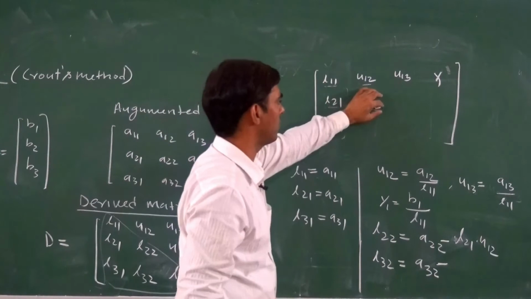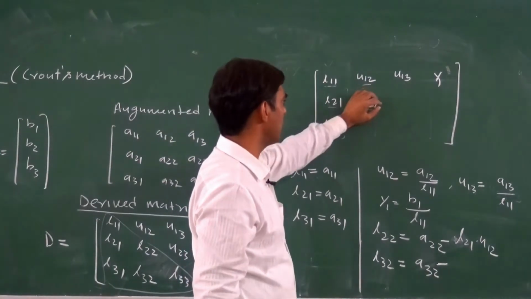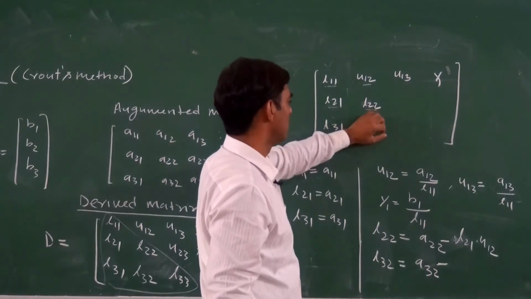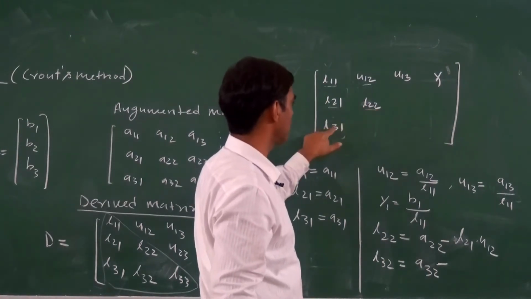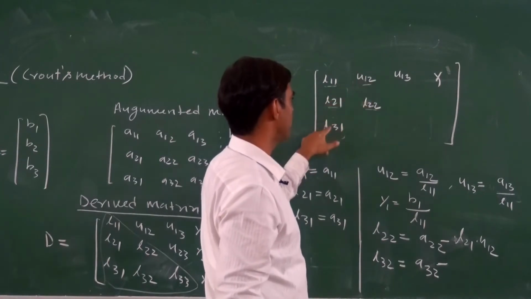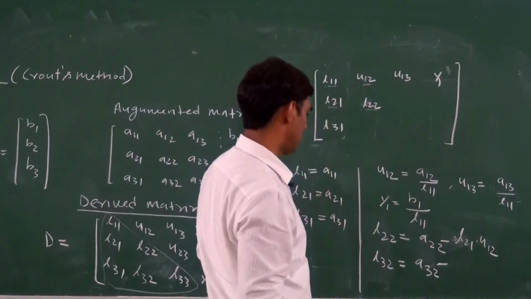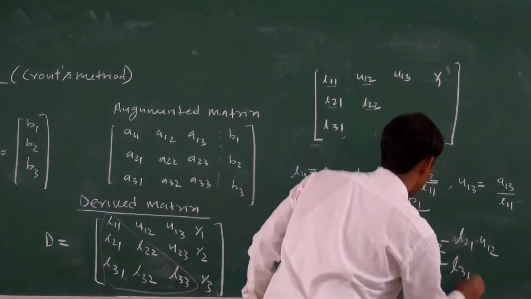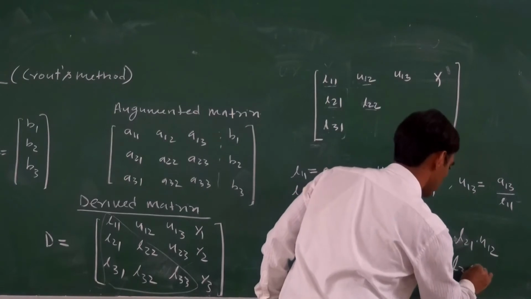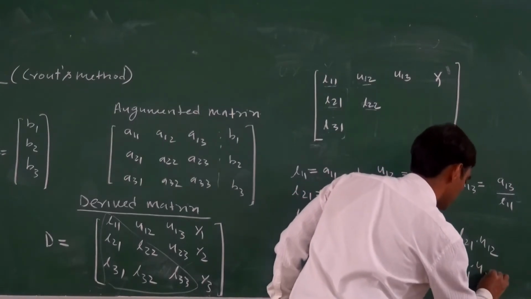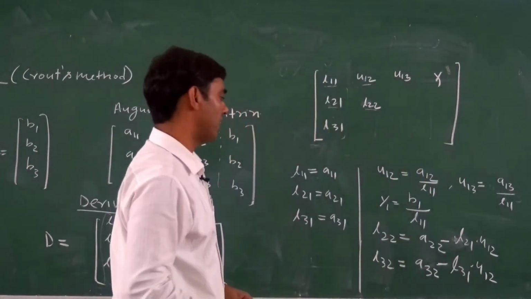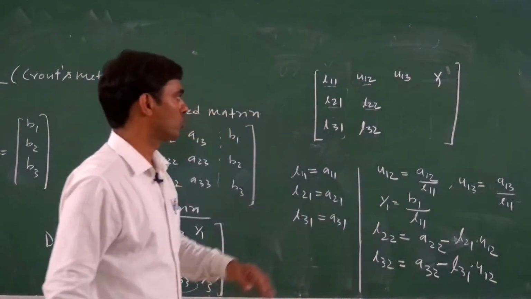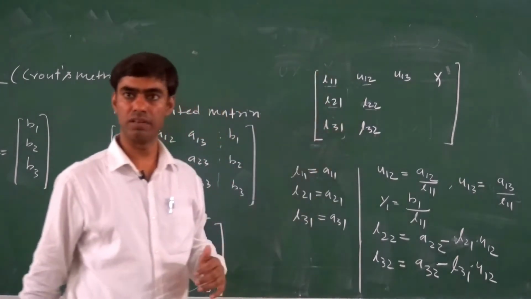So to find the value of L22, A22 minus the product of these two. To find the value of L32, A32 minus L31 into U12. So this is the value for L32. So we find the elements of the second column.